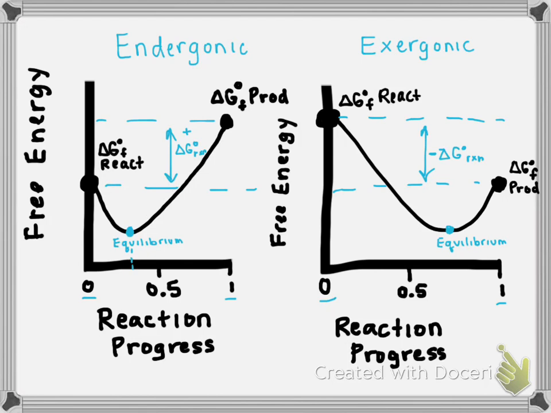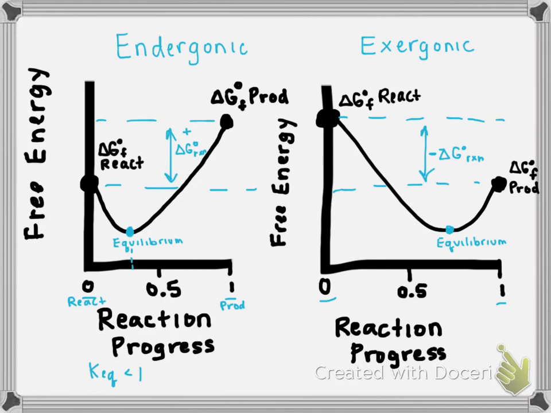So if you remember, at point 0, that's where we're going to have only reactants, and at point 1, we're only going to have products. And so since we're falling more to the left, our equilibrium is reactants favored, and we'd say that our KEQ then is going to be less than 1.